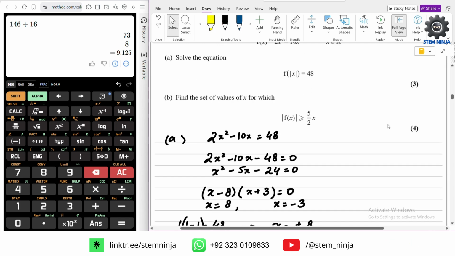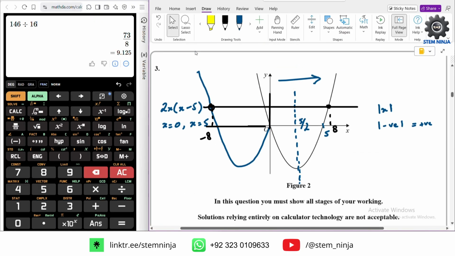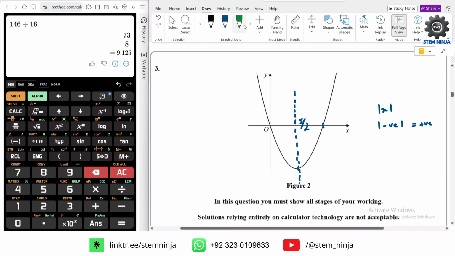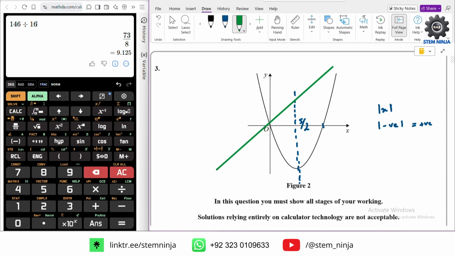Right, okay. Find the set of values of x for which f of x is greater than or equal to 5 over 2 x. So remember, this is a straight line equation. So 5 over 2 x means that this is a straight line which is passing through the origin.